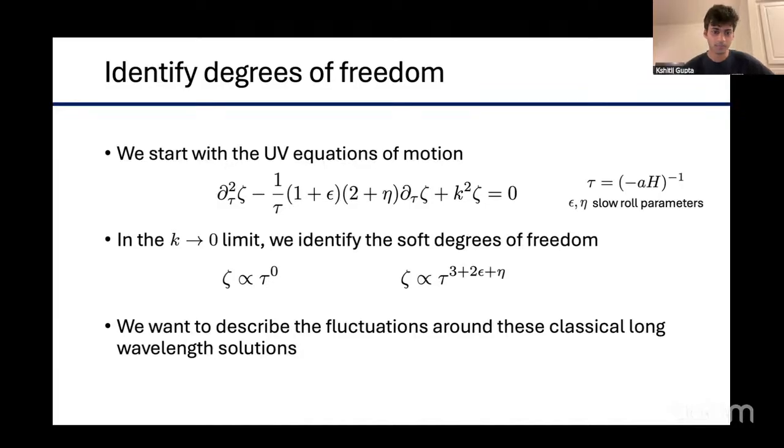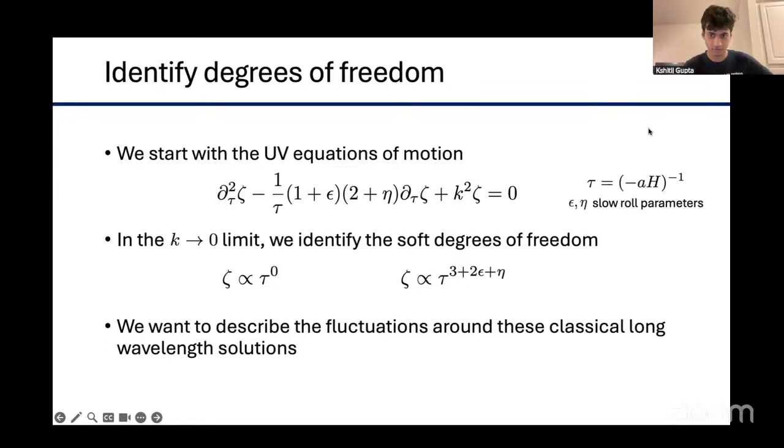So zeta satisfies the UV equation of motion, which is given by this equation. If we take the long wavelength limit, k to 0, we can identify two degrees of freedom classically. One is a constant, and the other decays as tau cubed because tau is going to 0.